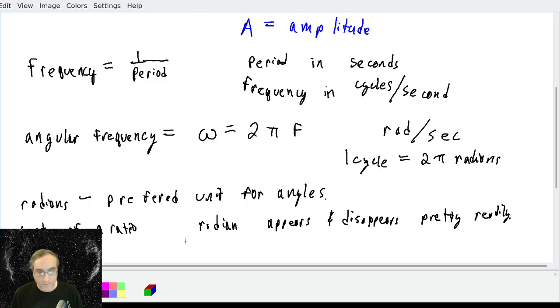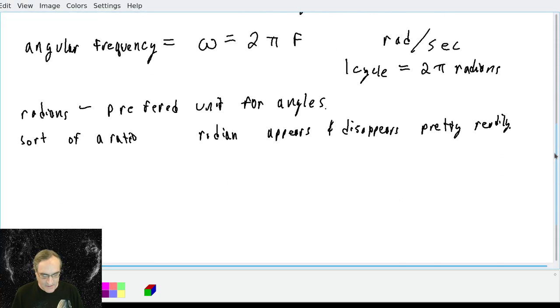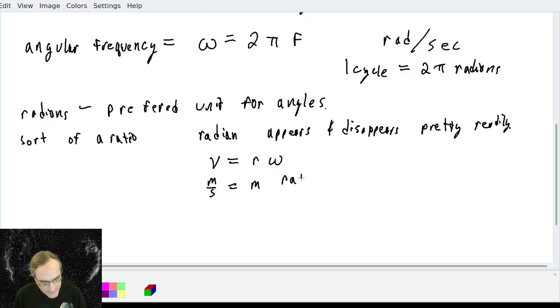As an example, back in your previous class, you probably learned about v equals r times omega. Well, v is in meters per second, r is in meters, and omega is in radians per second. So when you multiply meters times radians per second, you get meters per second. Radian is dropped.